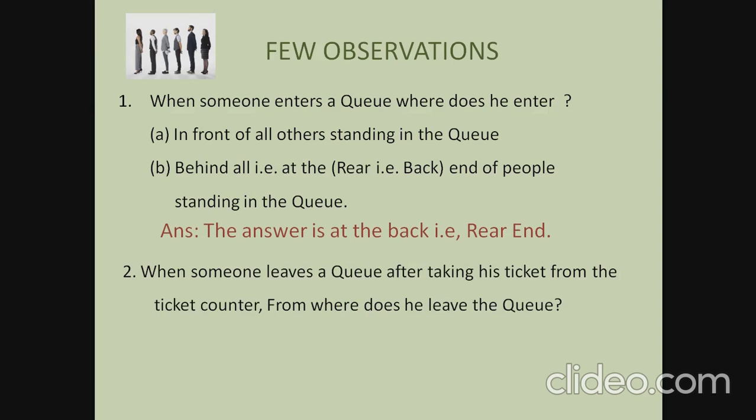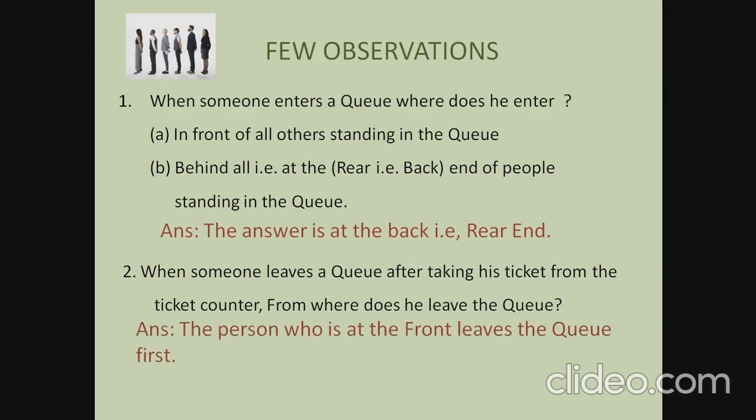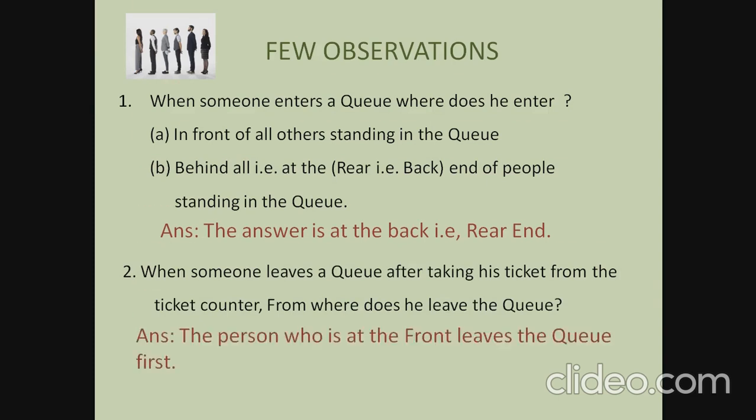The answer is the person who is at the front leaves the counter first, and therefore we can say the queue first. So two observations. We insert in a queue as a Python programmer at the rear end, that is at the back, and we delete from a queue as a Python programmer from the front.